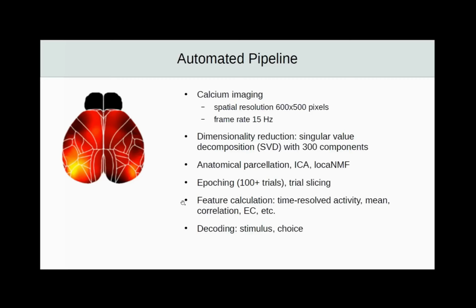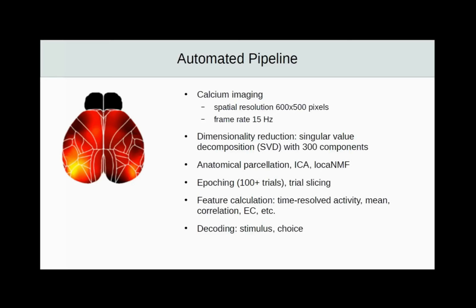We also wanted to test different measures of the calcium activity in order to do the decoding that I'm going to explain later. So it's the same kind of decoding that we did before with the fMRI, but applied here to see how the calcium activity can help us discriminate between stimuli or choice, and to uncover the brain subnetworks that contribute to the processing of the stimulus or the generation of the choice response.